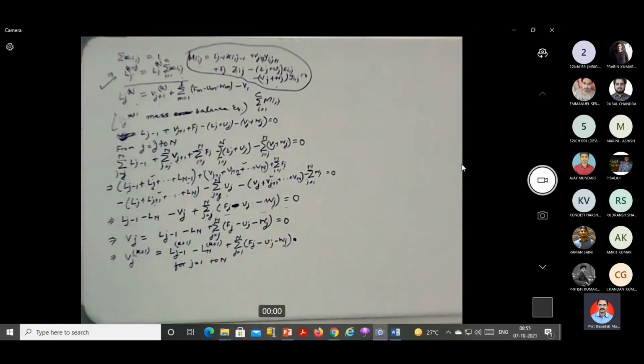For j equal to 1, you will get the modified value for V1, for j equal to 2, V2, and for j equal to n, you will get Vn. If you put this equation within a loop, you will get all modified values for vapor flow rates. Clear? So this is how we calculate vapor flow rate in the sum rate method using the mass balance equation.